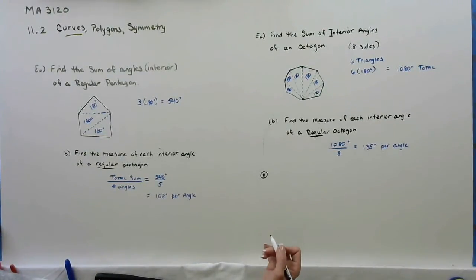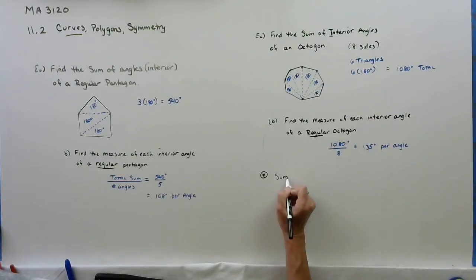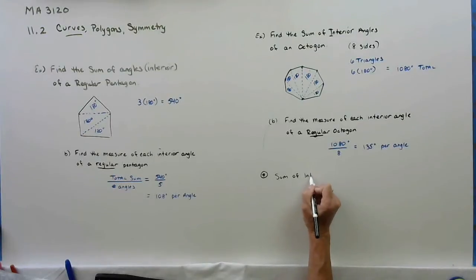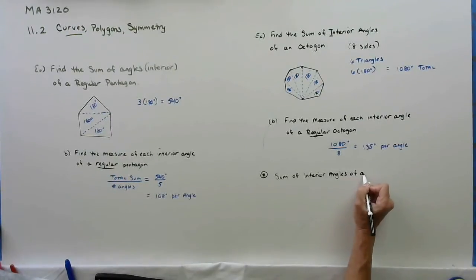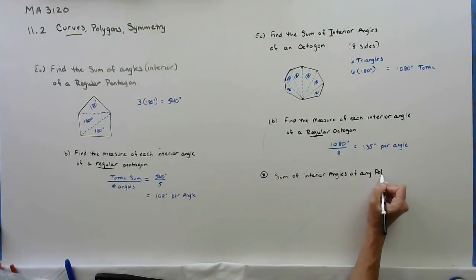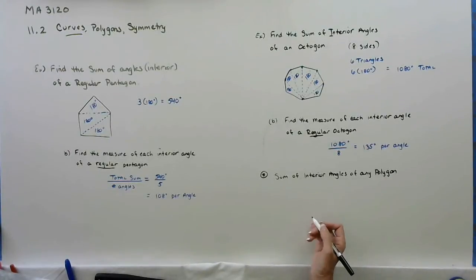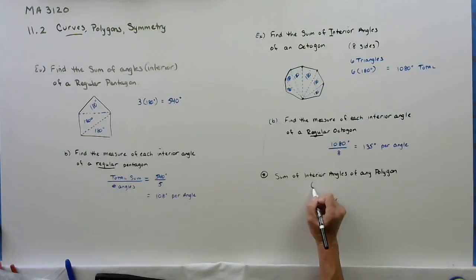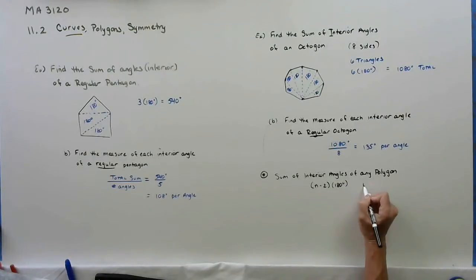To find the measure of the sum of the interior angles of any polygon, take the number of sides minus 2 and multiply by 180 degrees.